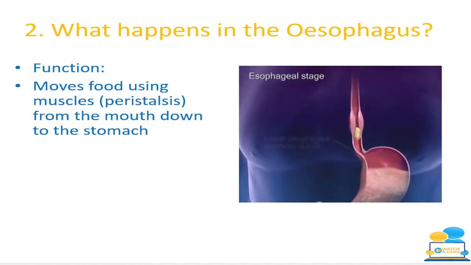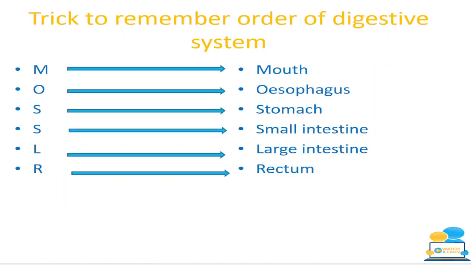So if you can't remember a function, you need to go back to labeling it, and you know that each of these organs is between another organ. So for example, the mouth brings food to the esophagus. We know that the function of the esophagus is to bring food from the mouth to the stomach. The function of the stomach is to bring food from the esophagus to the small intestine. The function of the small intestine is to bring food from the stomach to the large intestine.